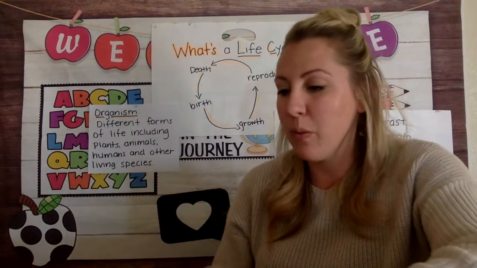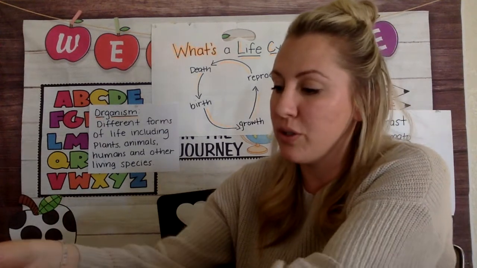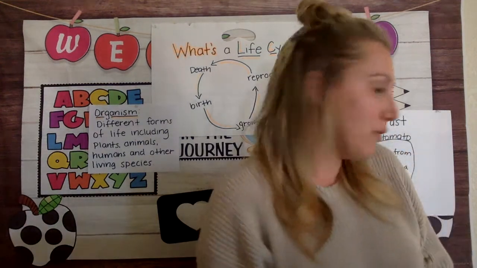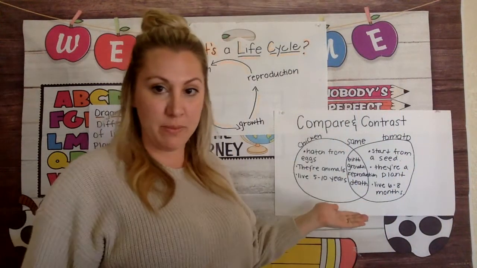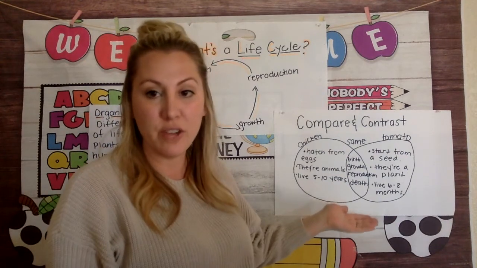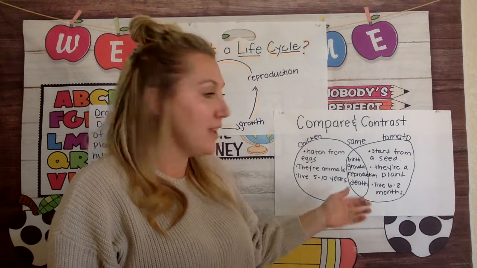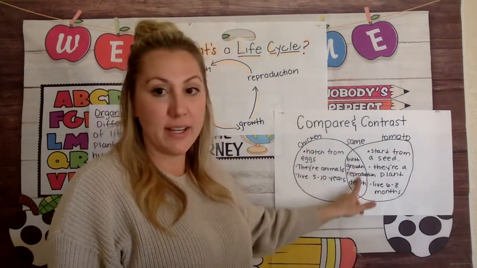Okay, so now after looking at these two life cycles, I want to compare and contrast. If we move over, we're going to be looking at this Venn diagram that compares and contrasts two different life cycles. Notice when I draw the two circles, there's a part that connects.